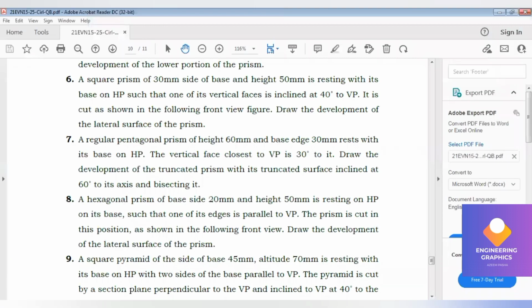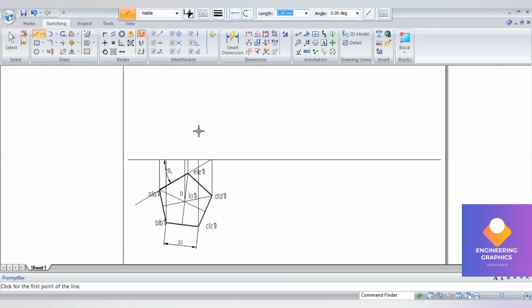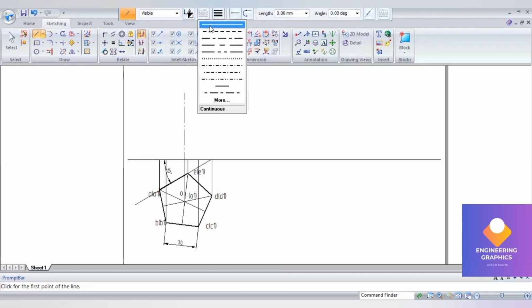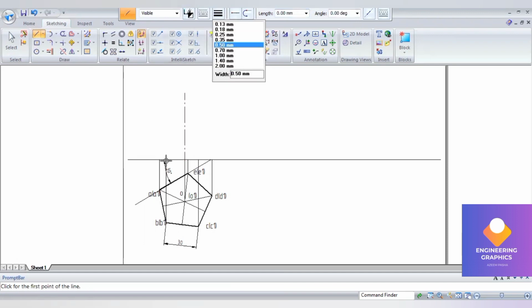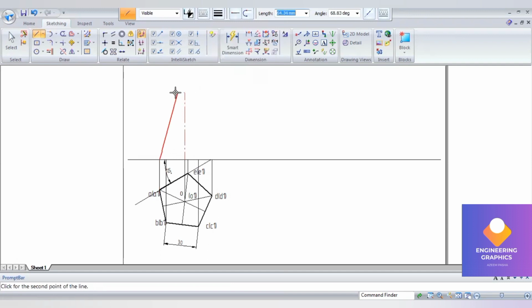Okay, now the height is 60 mm, the axis height. So consider the height of 60 mm here. So draw all the vertical edges for the same length. You know that the front view of a prism is a rectangular face.